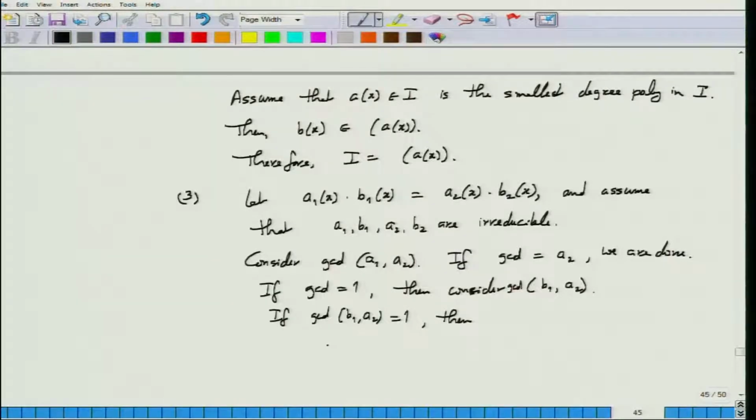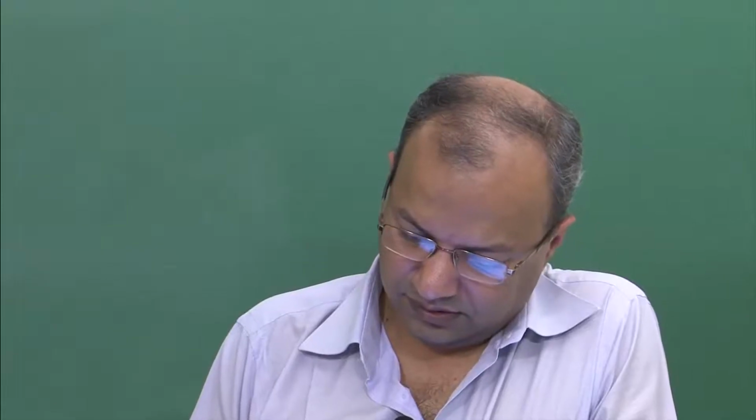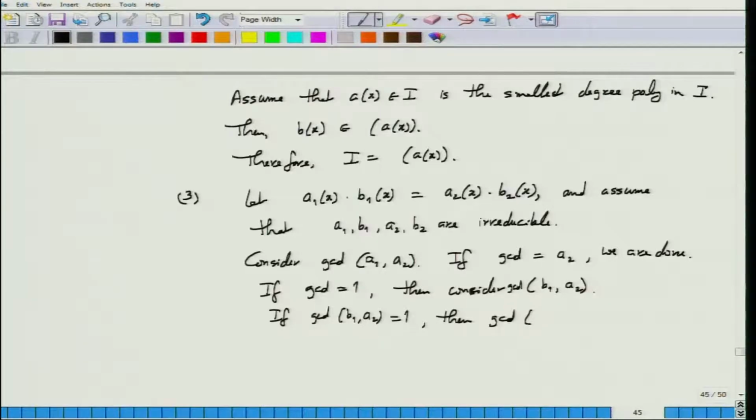Let's look at what is GCD of A1, B1 with A2. And I claim that GCD of A1, B1 with A2 is 1.